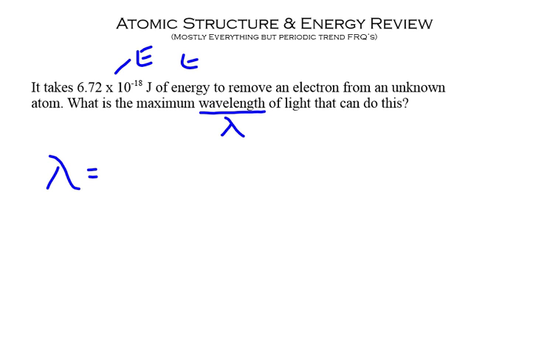Okay, that's fantastic. But what equation do I need to actually write if I really want to commit to solving for wavelength? What is wavelength equals? HC over E. Right, don't need to switch.